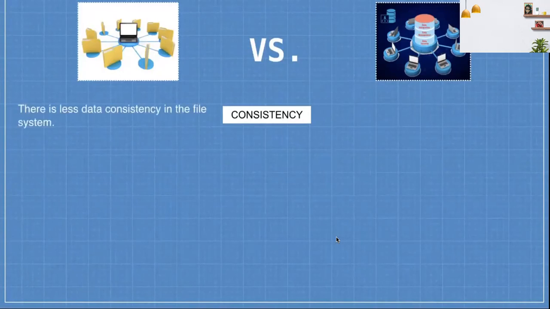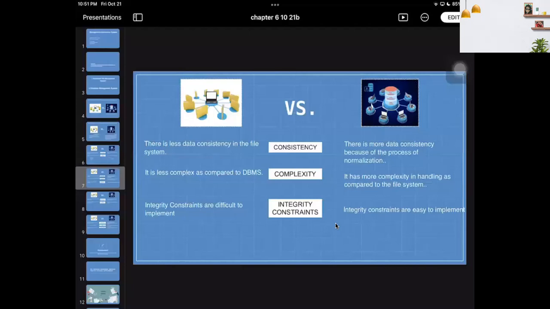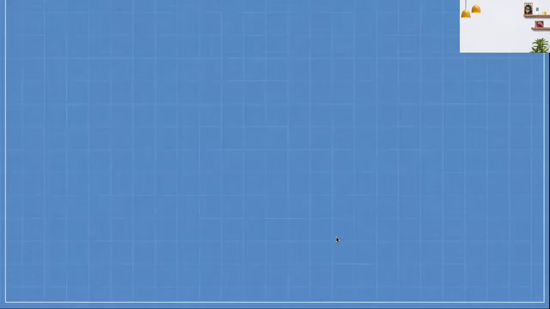Okay, so next is the consistency. Using our previous example, in traditional file management, there is less data consistency in the file. Having different files for different departments, parang nasa subject yung student details or profile to inconsistency. For example, in the registrar, they logged you as Juan de la Cruz.